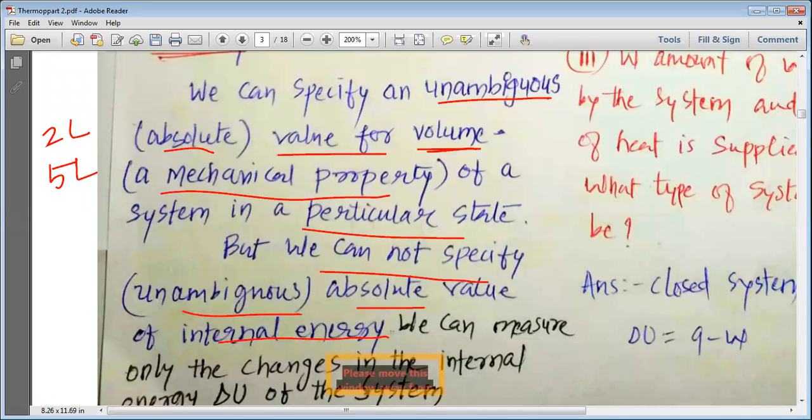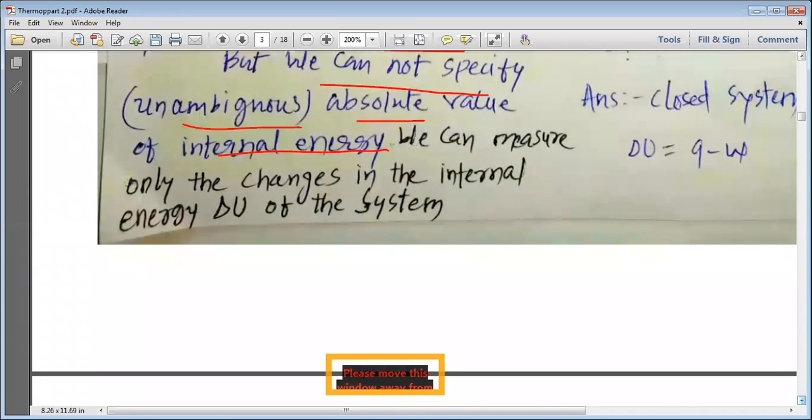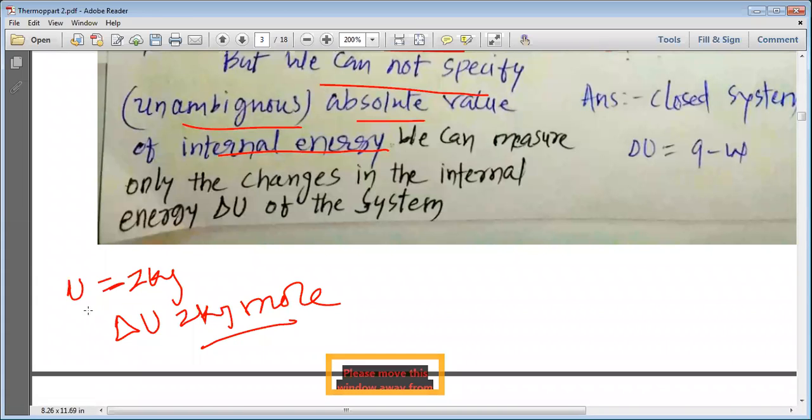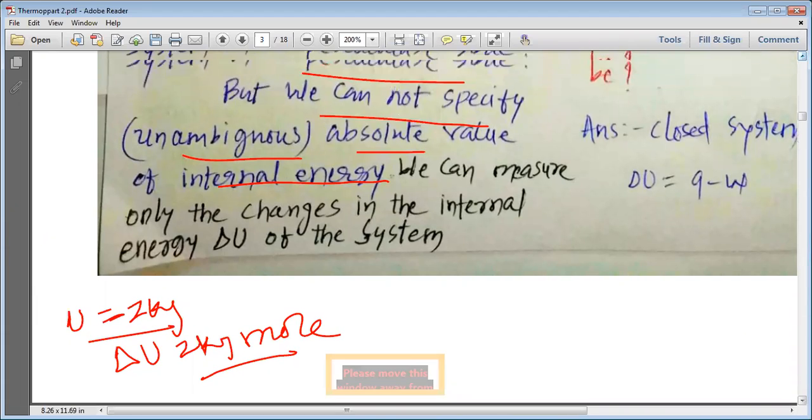Please remember, my dear students, that for the internal energy of the system, we cannot say that U is equal to 2 kilojoule. No, we cannot say that. We can say that delta U is equal to 2 kilojoule per mole. What they want to tell us is that we cannot write the value of internal energy in an absolute manner, but we should write the value of a change in the internal energy.